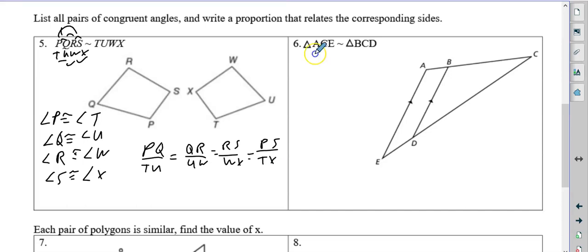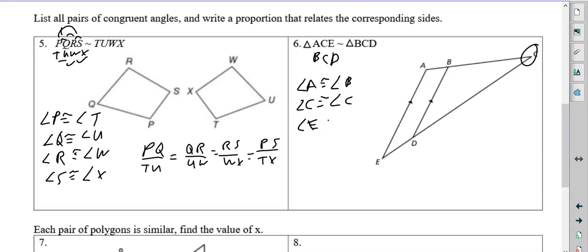Okay, same little trick. I'm going to write BCD. Notice they share C. You can see that right there. So that tells me angle A is congruent to angle B. Angle C is congruent to itself.